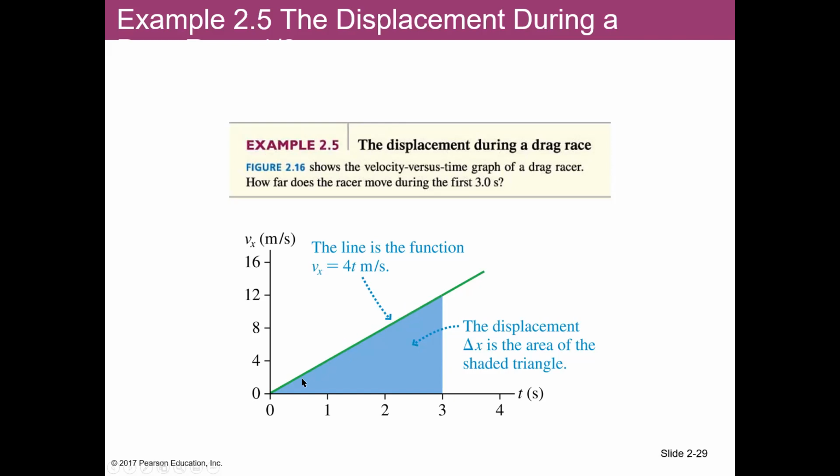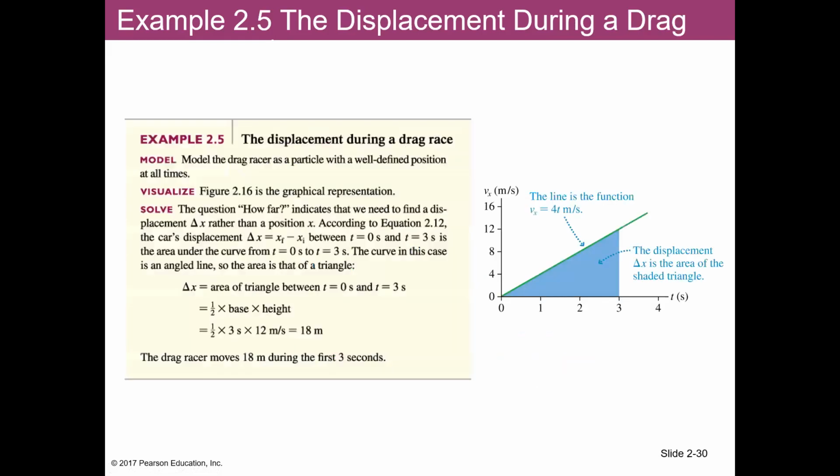Incidentally, it turns out that the shape of the position versus time graph would be, once again, a parabola, because the integral of a linear function, as you know from calculus, from the power rule for integration, the antiderivative rule, is t squared. The integral of t is t squared over 2.